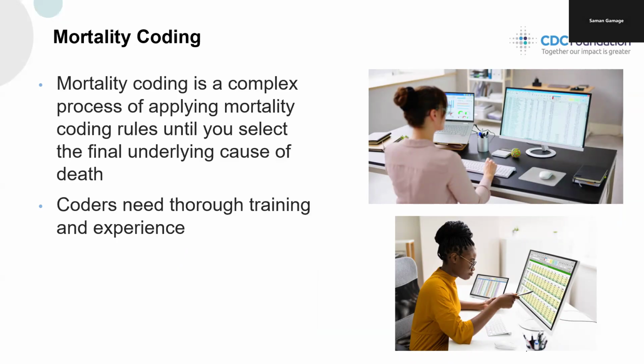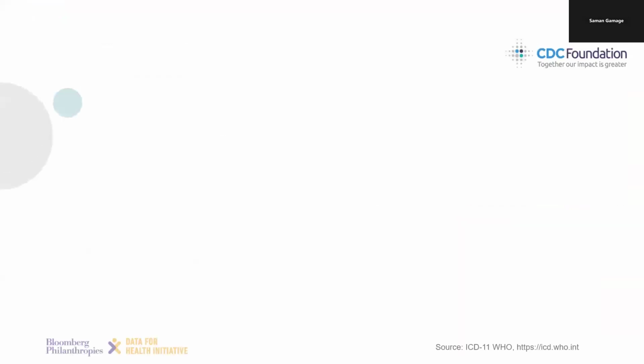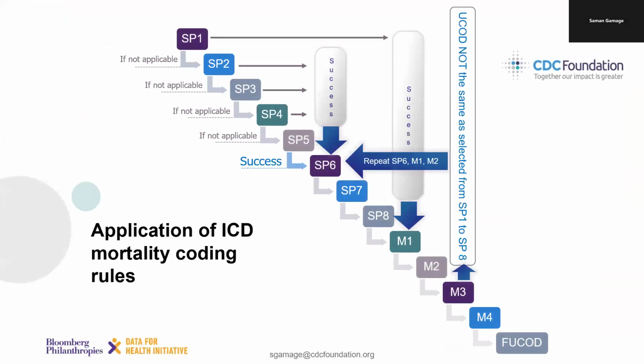Coders need thorough training and experience in applying rules and selecting the underlying cause of death. This chart shows you the application of ICD mortality coding rules. There are 12 different rules, SP rules, SP1 to SP8 and M1 to M4. And the correct application of these mortality coding rules will result in the selection of the final underlying cause of death.